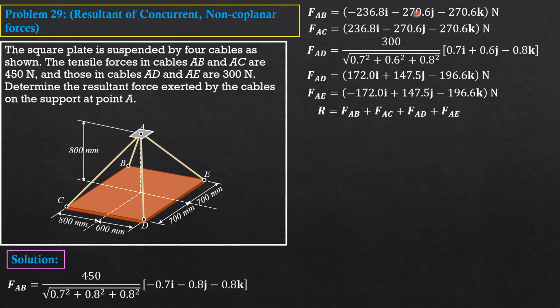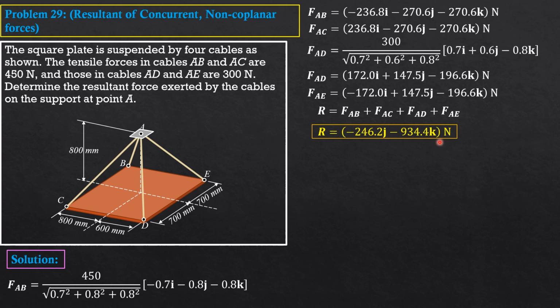For J, negative 270.6 times 2 plus 147.5 times 2, so it is negative 246.2j. For K, negative 270.6 times 2, then negative 196.6 times 2, so negative 934.4k. Therefore, this is the resultant in vector form and in newtons.